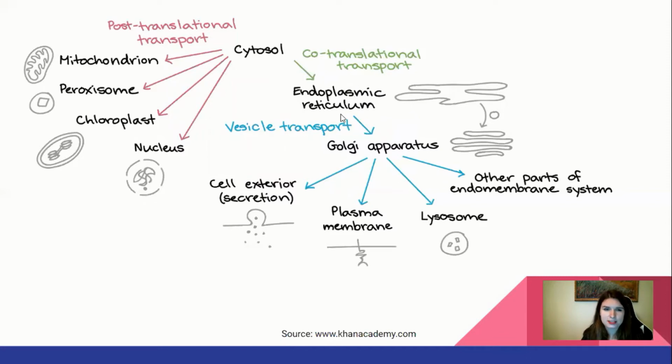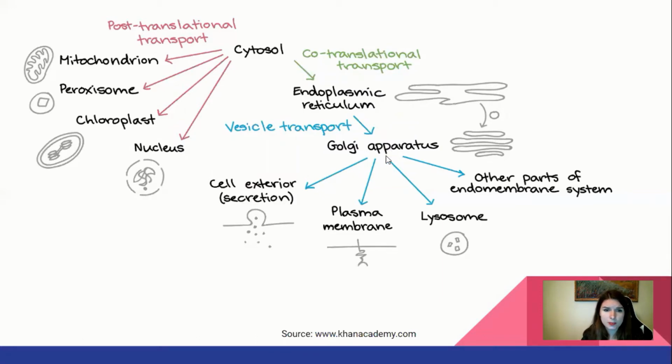They get packaged into little vesicles and sent to our pancake structure, the Golgi. Then the Golgi modifies them, does some processing steps, and sends them off to where they're going, which may be to the outside of the cell. So we may be sending them into the extracellular environment through secretion, which is a form of exocytosis.